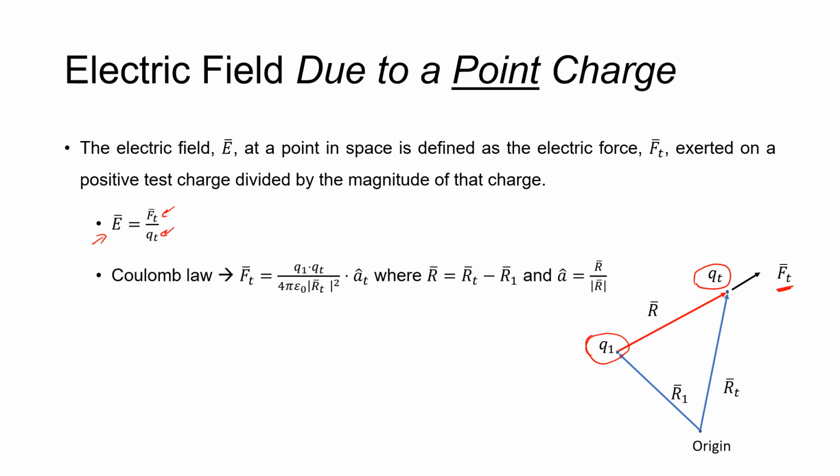If we remind ourselves, Coulomb's law states that the force is equal to Q1 QT, the two charges, divided by 4 pi epsilon naught R squared, where R can be calculated as shown here. And finally, our field will look like this. This is the final equation which we are seeking for the point charge.